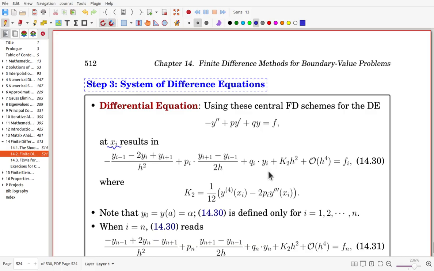And then here, the order for these coefficients is h squared, and the remaining part will be a fourth order from both sides.